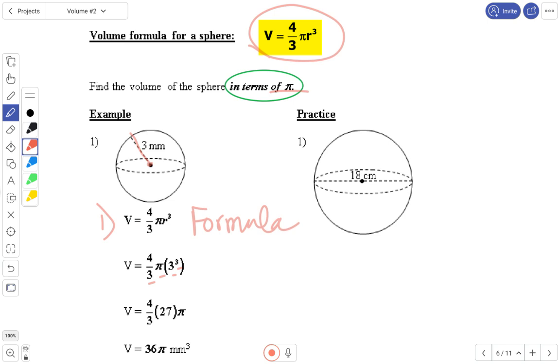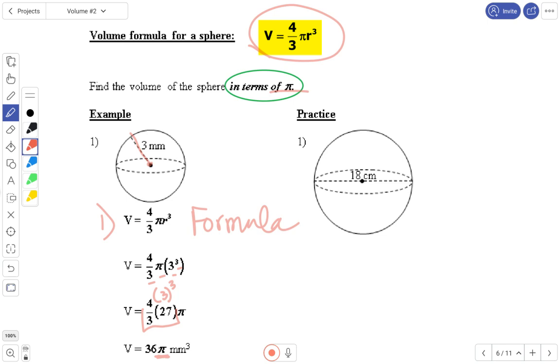Since it says to write it in terms of pi, the only thing that I'm going to put in the calculator is the 4/3 times 3 cubed. That's the only part I'm going to put in the calculator. Then I'm going to hit enter. And in this case, 36 comes up. Since I'm leaving it in terms of pi, pi will be in my answer. So 36 pi millimeters cubed will be the answer.